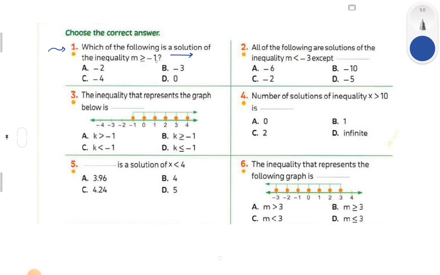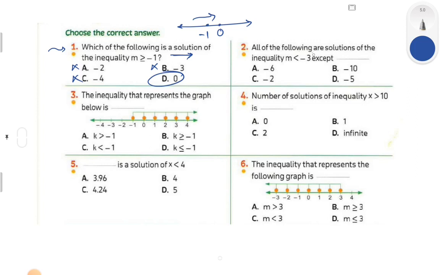So it may be negative 1. We have no negative 1 here. So what is to the right of negative 1? Negative 2? No. Negative 3? Negative 4? No. 0? Yes. If you draw the number line, you find that 0 is to the right of negative 1.